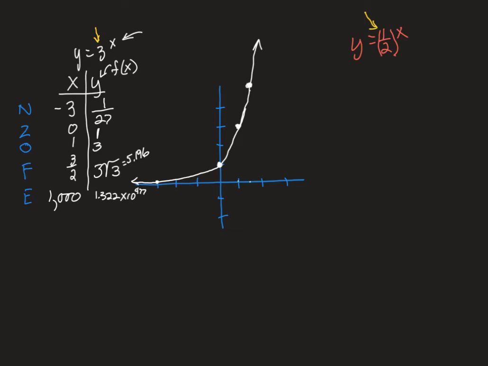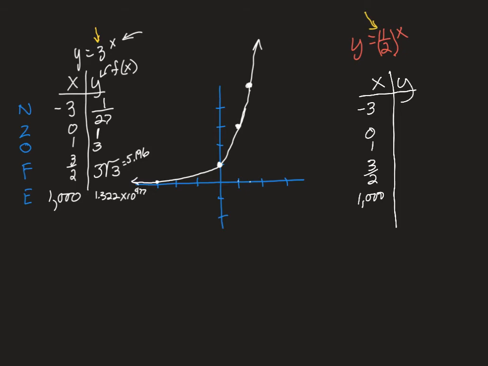All right, so let's make a t-table for this one as well, x and y. And let's do -3, 0, 1, 3 halves, and 1,000. Although, once again, I may not graph that one.